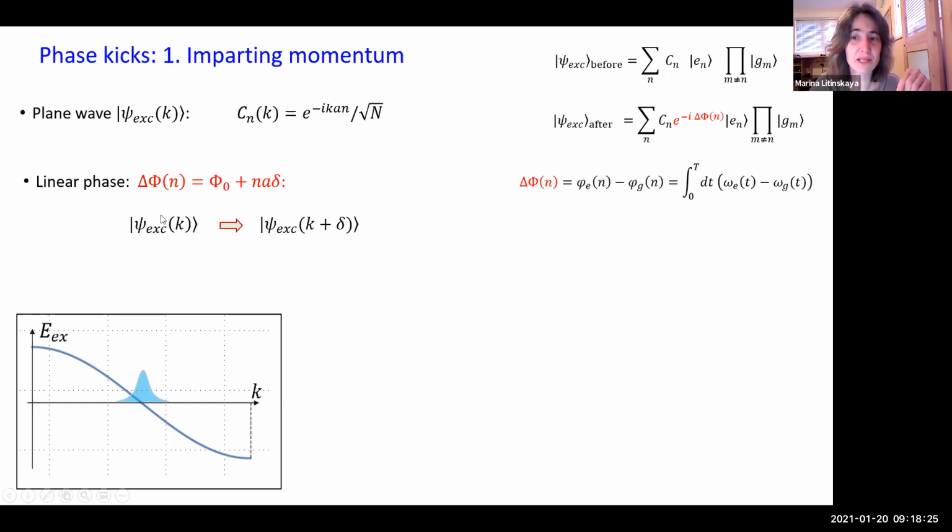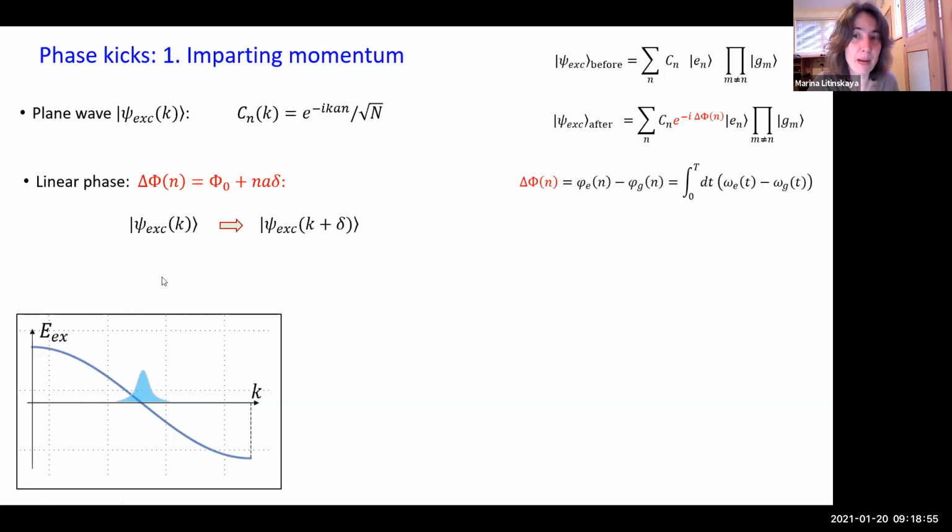So each wave vector state is basically a linear phase which is distributed among the molecules, which tells us that if we can impart such a phase, impose such a phase, which will be linear in the coordinate, which we can write down as phi naught plus n a times delta, it means that an exciton with a wave vector k will become an exciton with the wave vector k plus delta. So if we can come up with the electric field that induces such a dynamics of the molecular levels that the imparted phase is linear in the coordinate, we'll just increase the excitonic momentum by a certain amount, right?